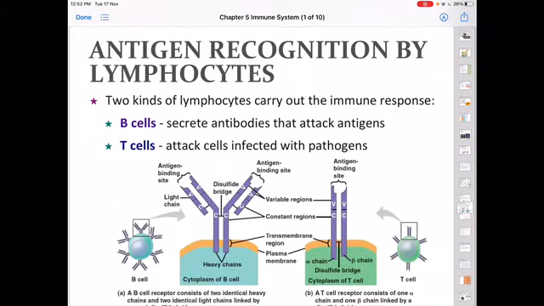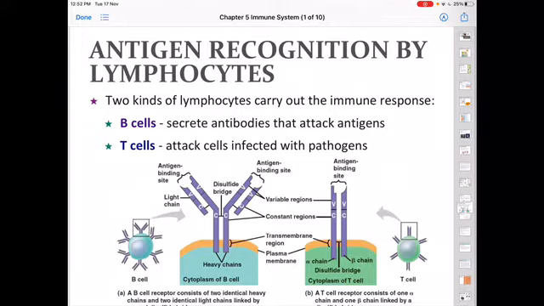Contoh-contohnya ialah sel yang dah infected by viruses, ataupun biasanya action of T cell ni terlibat dalam cancer cell. Sel yang dah infected with cancer. And ada juga untuk macam transplant organ. Bila kita melakukan transplant, sometimes donor punya organ tu tak compatible with the patient. So what happen is that the T cell from the patient will attack the donor's organ.